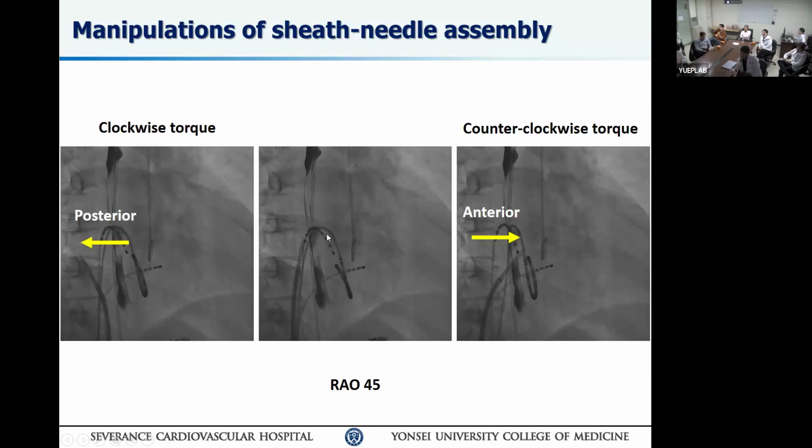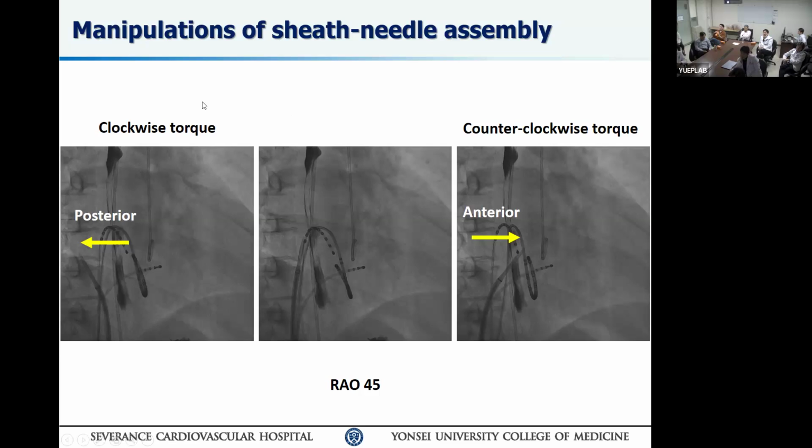But before that, in order for the procedure to be easy for catheter manipulation and ablation, you should adjust whether you should perform anterior puncture or posterior puncture.